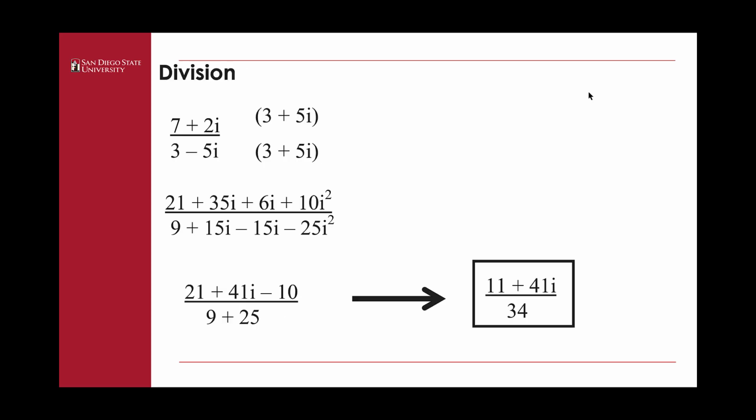From here, this result does not look like a plus bi, but it can easily be converted to a plus bi if we make the division: 11 over 34 plus 41 over 34i. So this will be a plus bi, where 11 over 34 is a and 41 over 34 is b.